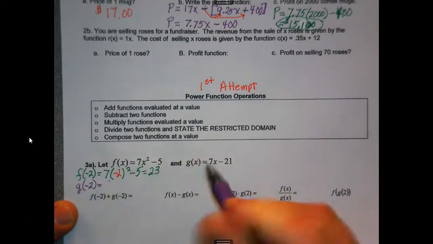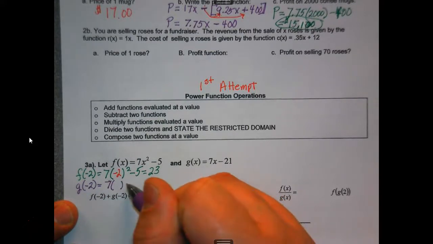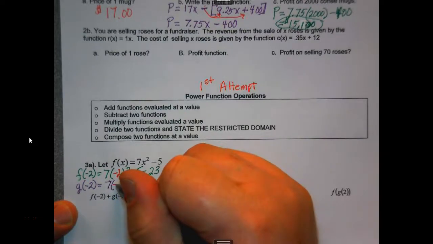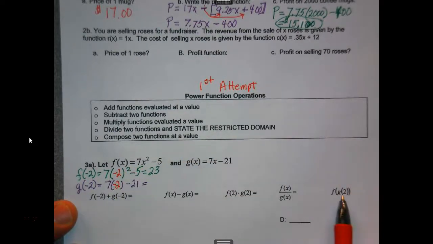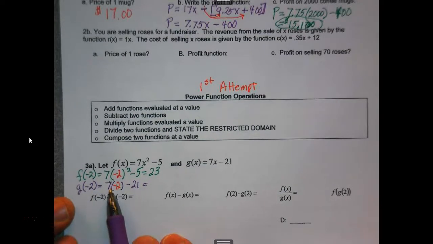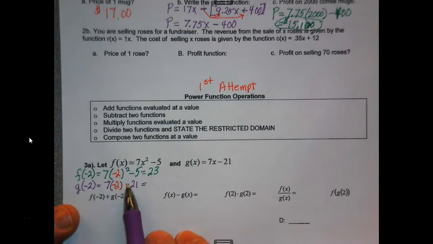Then I have to find the g of negative 2. Let's see, I have 7 times x minus 21. Was it 3? Because there's composite functions on here, which we didn't have before. So this is like part 2, first attempt. Okay. Why do we even have to do this? All right. 7 times negative 2 is negative 14, minus 21.